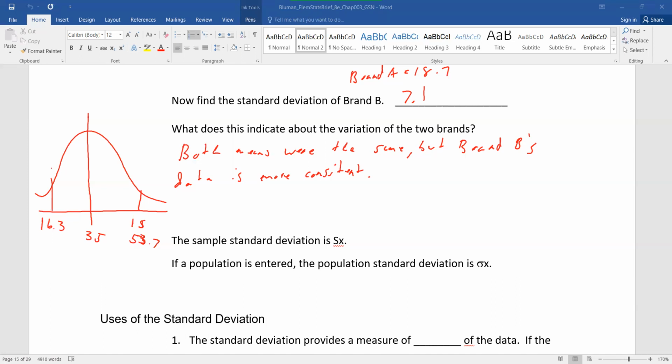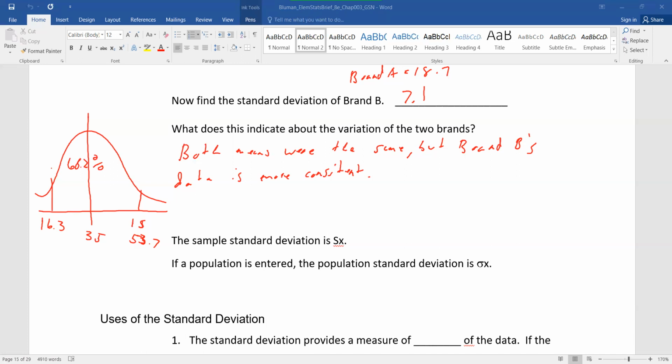I'm probably getting way ahead of the lecture, but it's fine. It's 68.2. So I can say in brand A, 68.2% of my data will fall between 16.3 and 53.7. That's what standard deviation is telling me.